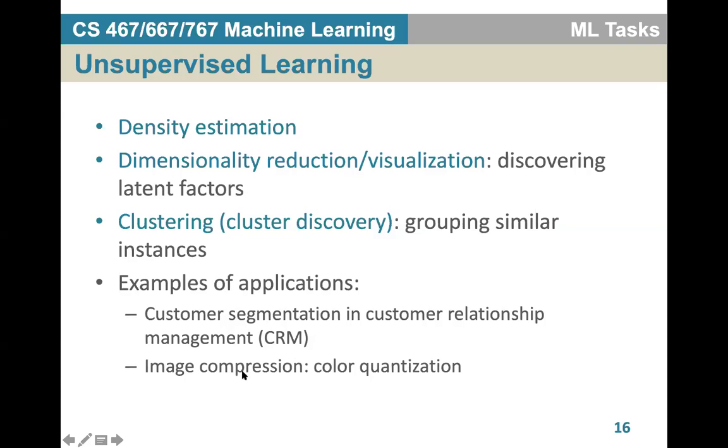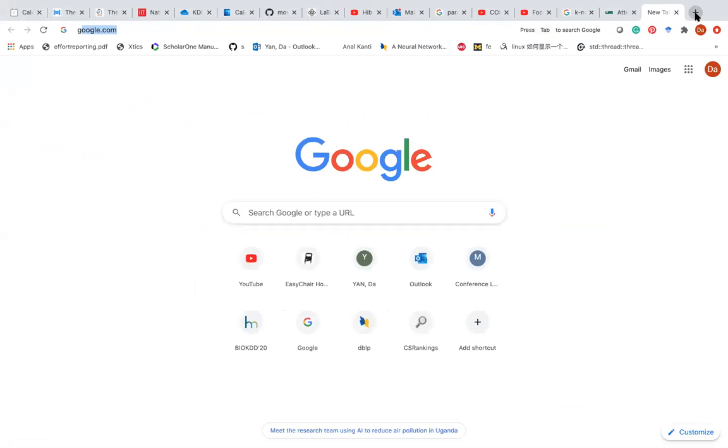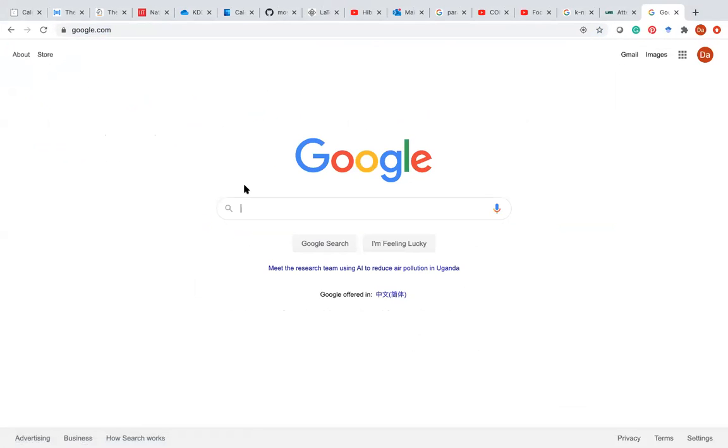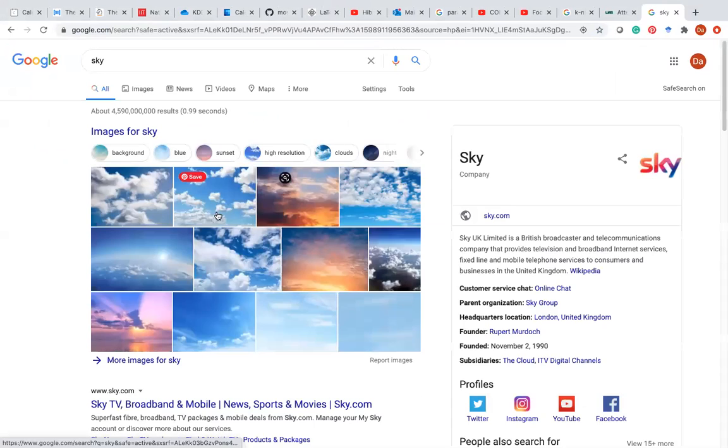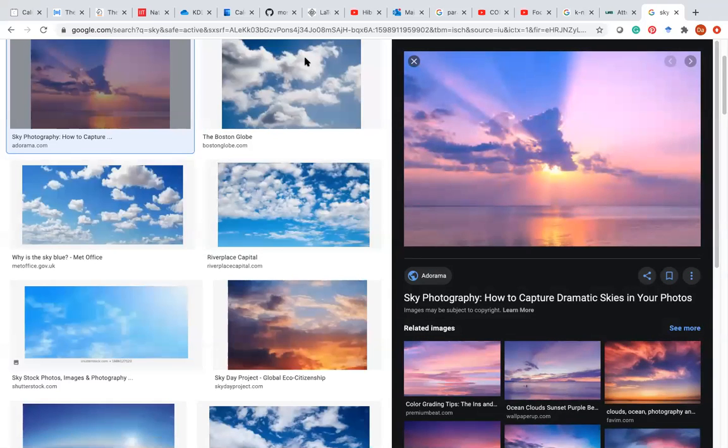Another example is image compression. For example, you have an image, something like this. If you want to compress it, even though this pixel and this pixel may have very different colors, they are almost the same.